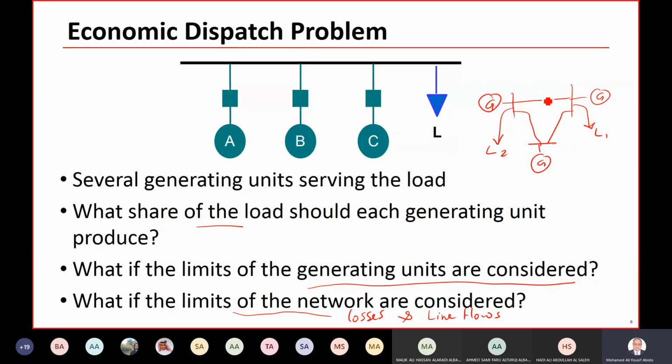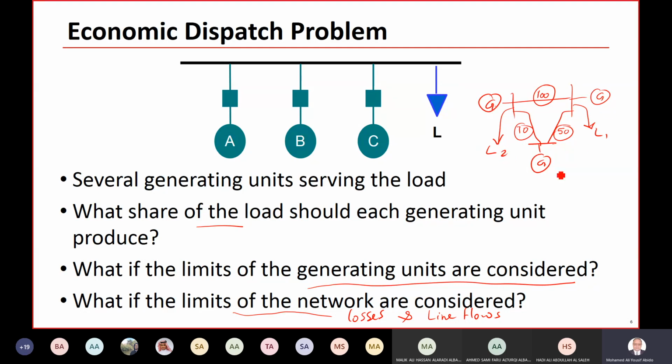Now, if this line can carry maximum 100 megawatt, and this line can carry 50 megawatt only, the maximum limit of line flow here is 50, and here you have, say, 70 megawatt. These are the maximum line flows, the line capacity.